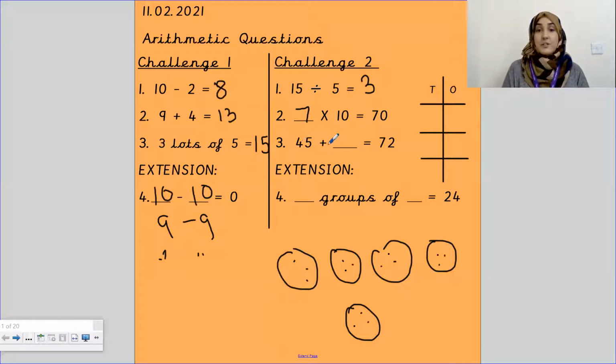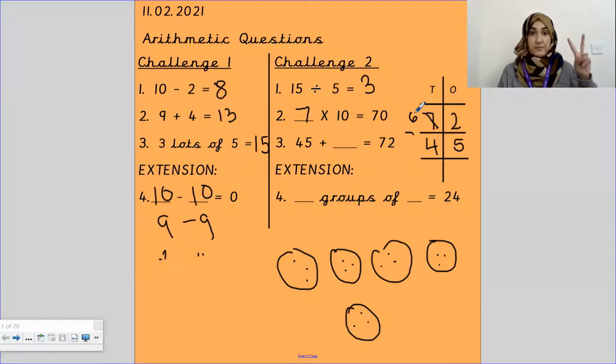Okay, next one. I've got 45 add something equals 72. I'm going to use my column subtraction for this question, and I'm going to take away 45 from 72. Now, I can't take away 5 from 2 because 2 is a smaller number, so I'm going to exchange.